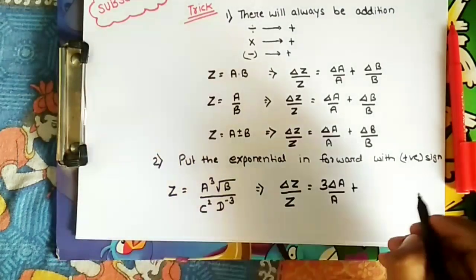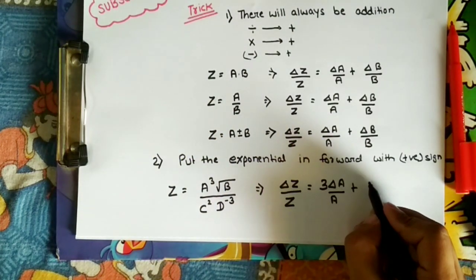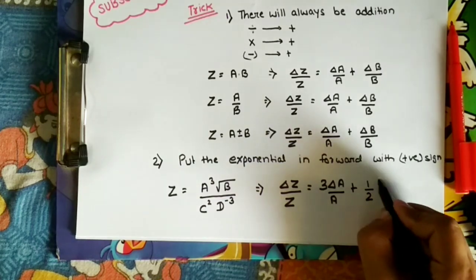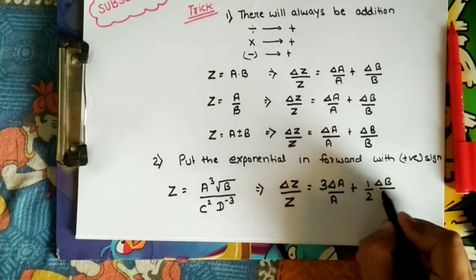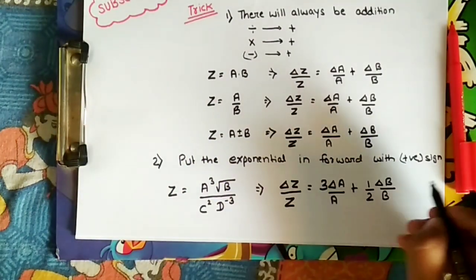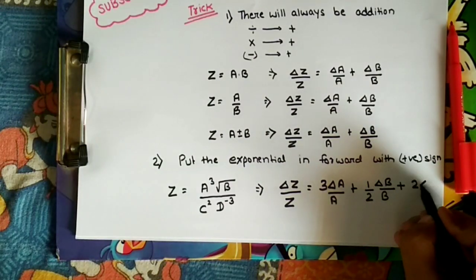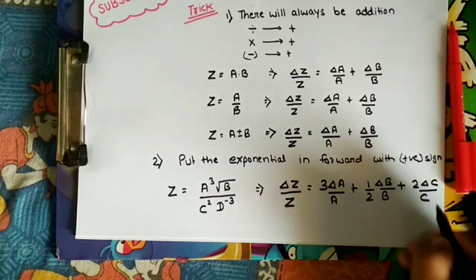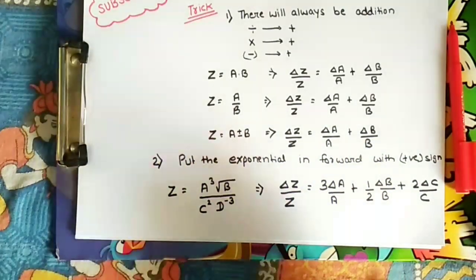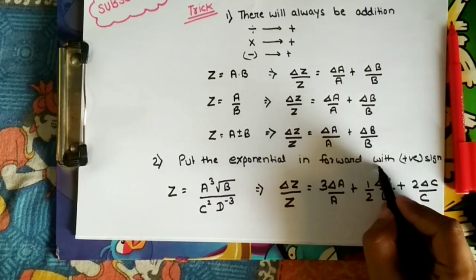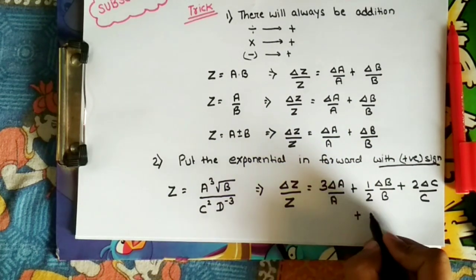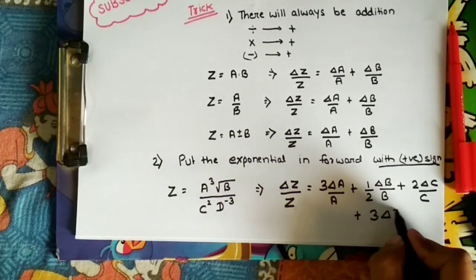Here b has 1 by 2 raised to the power, so write 1 by 2 delta b upon b, and division doesn't make a difference, so plus, c square gives 2 delta c upon c. Here it is minus 3, we will put it with a positive sign, so plus 3 delta d upon d.